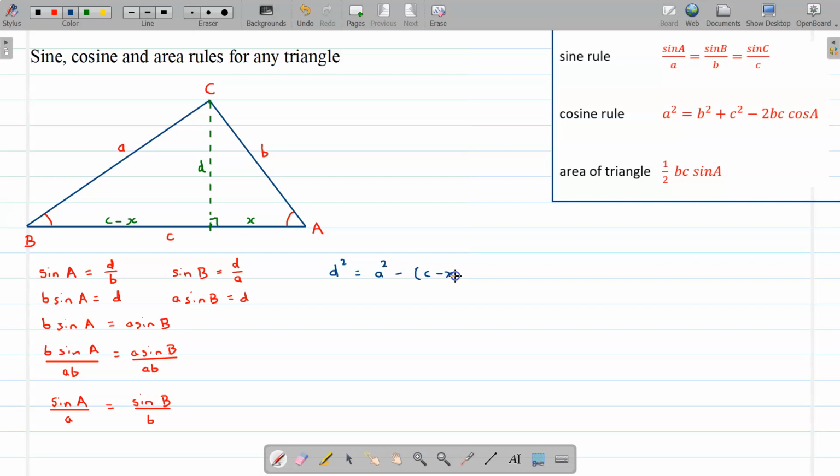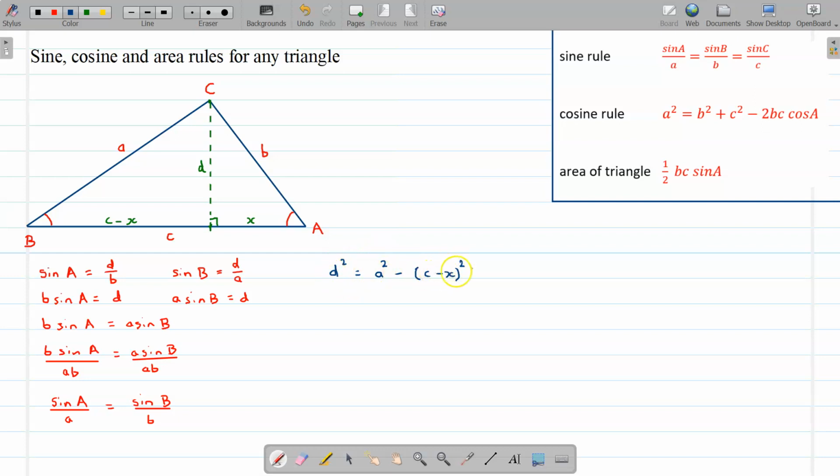What I've done there is take the right angled triangle that goes from here and here and here. In that right angled triangle, d squared plus c minus x all squared equals a squared. So if you rearrange that, you get this formula here.